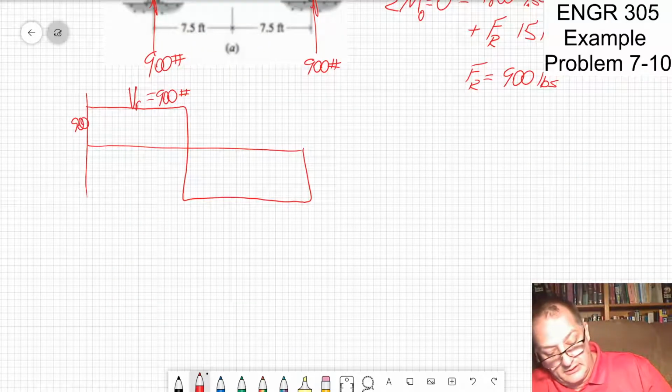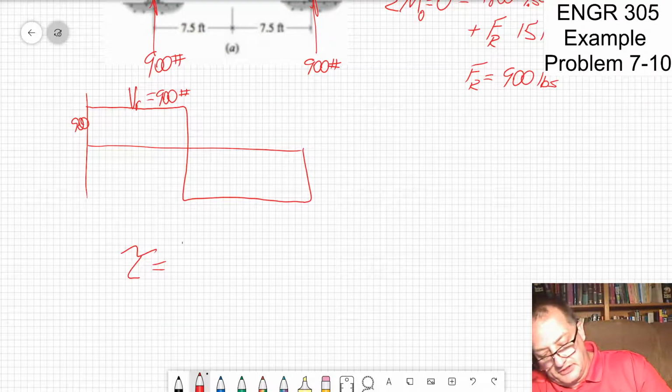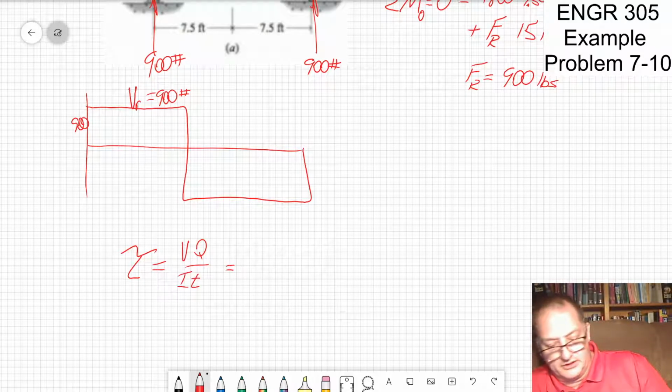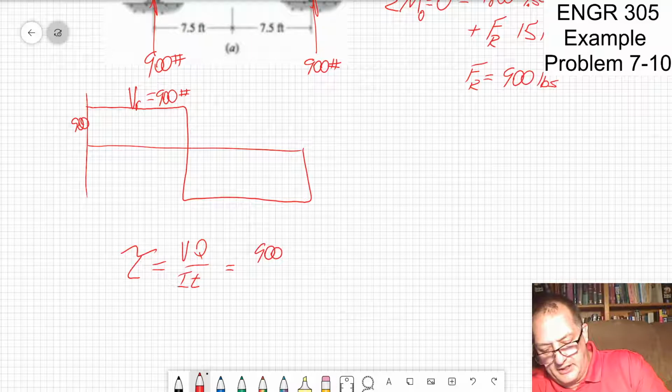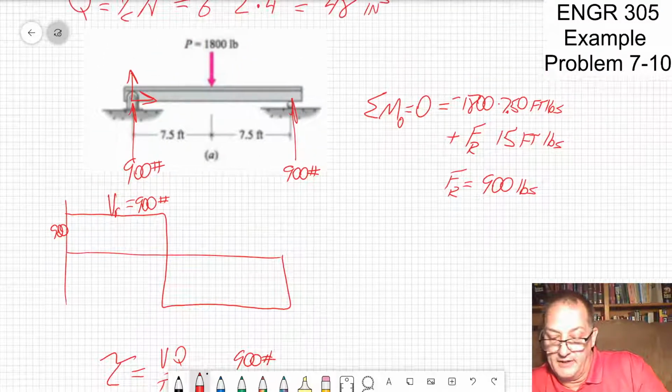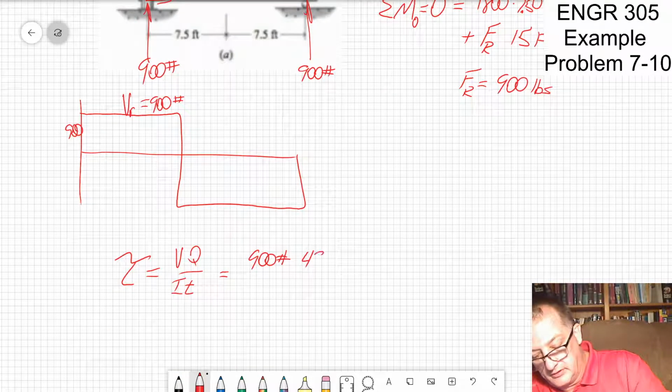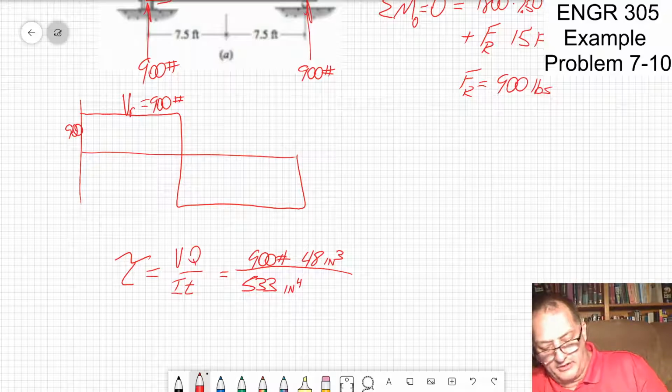All right, so my shear is equal to VQ over IT, where V is 900 pounds. Q is, I've got to go back and find all my answers, 48 inches cubed. I is 533 inches to the fourth, and T is just the thickness, so that's 2 inches.